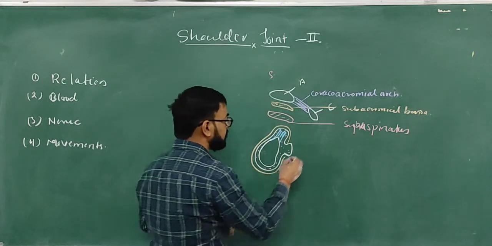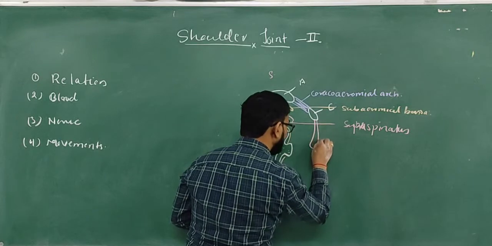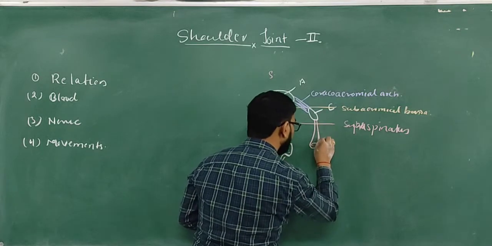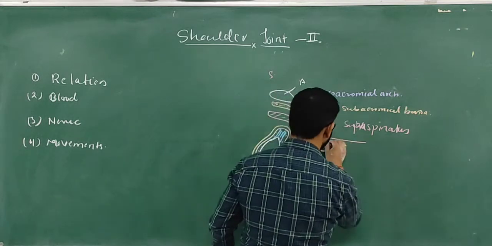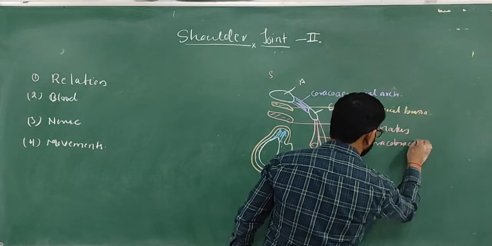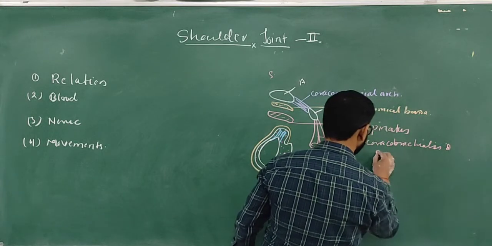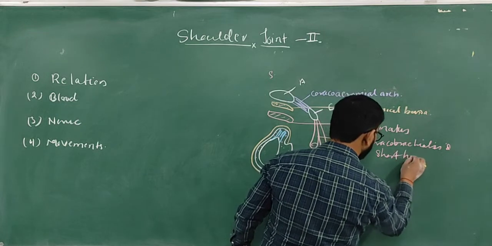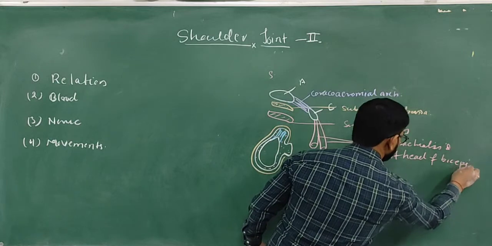Anterior relations: there is the coracobrachialis and the short head of biceps.